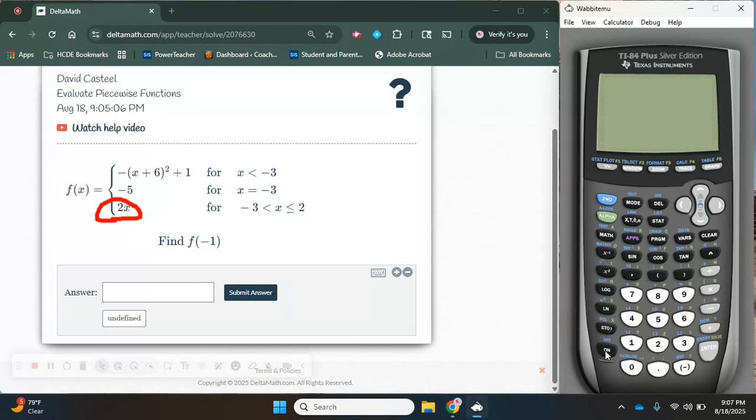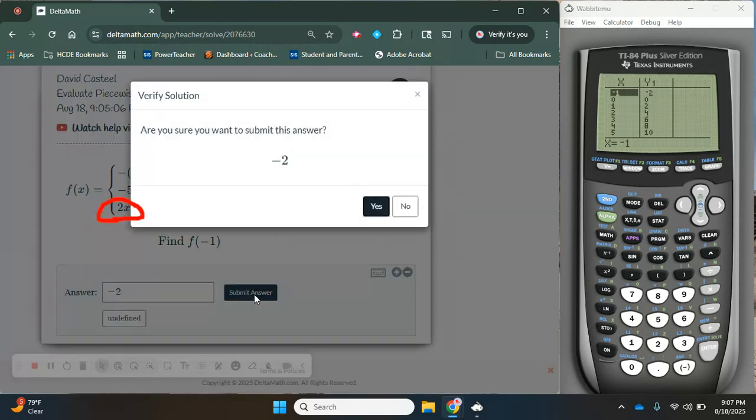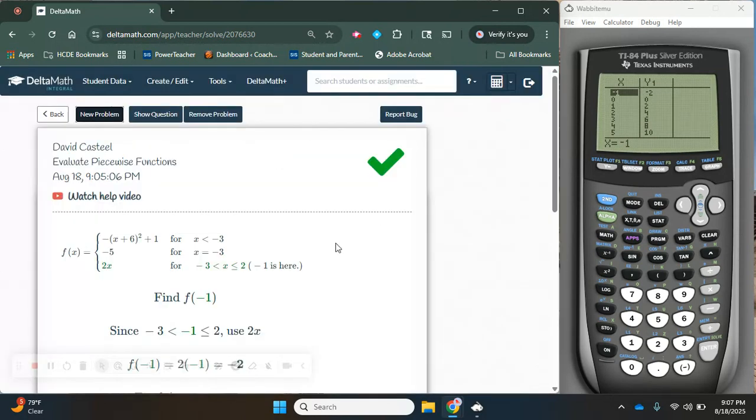Algebraically, this one's pretty simple, so we're not going to go crazy with it. But I could go to my graphing calculator and put in 2x, and we are looking up the value -1, and our value of -1 is also another output of -2. I should have probably looked at these. Every one of our answers has been -2 so far. Doesn't matter, but it's still just interesting.